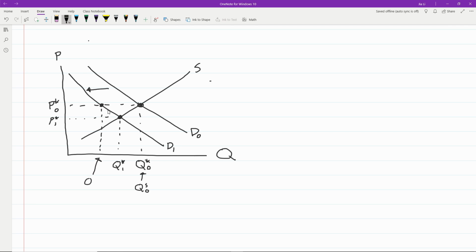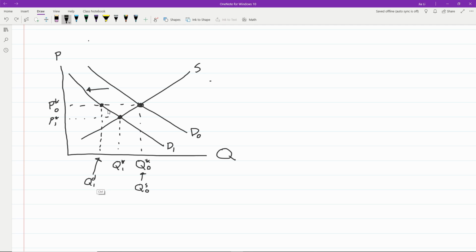Because the demand curve shifted from D0 to D1, this D0 is like an out of date demand curve. It doesn't reflect the actual new level of demand for this product. So that's why we have to take a look at where the new demand curve is, D1 right here. And we can see this is the quantity demanded now.